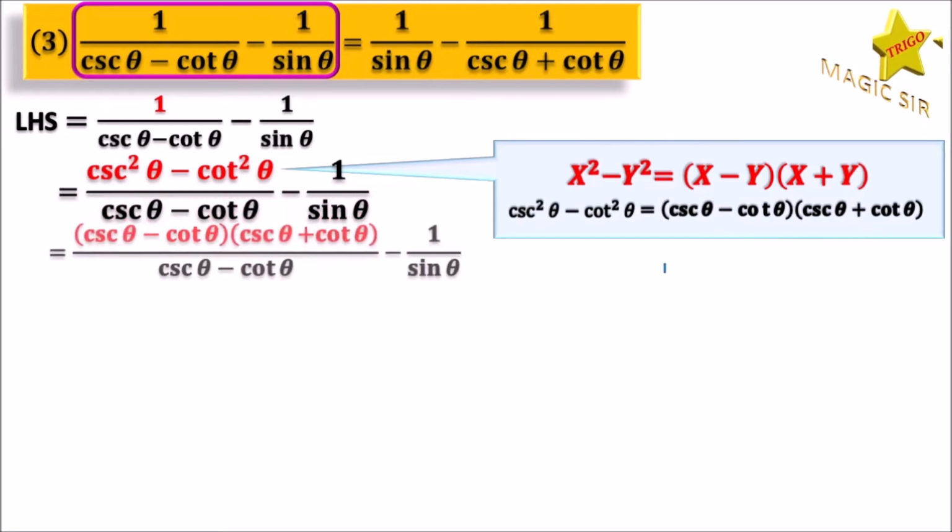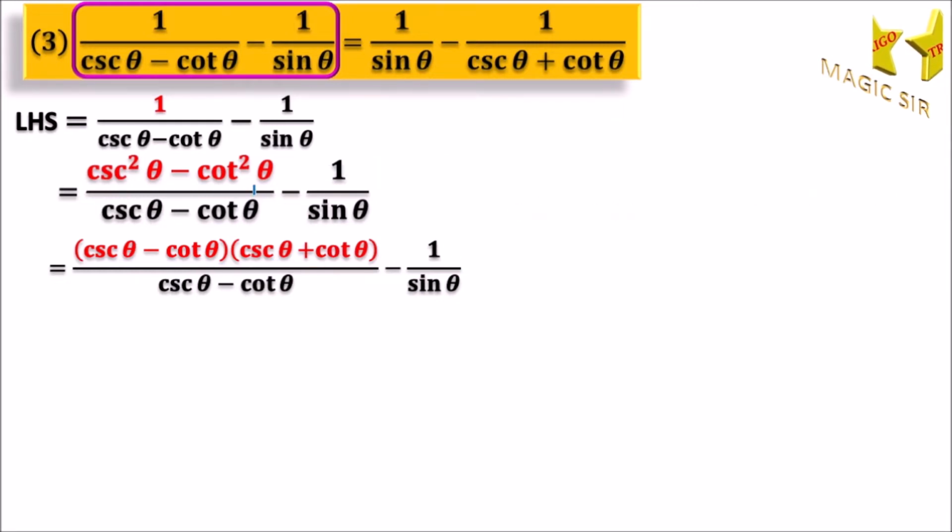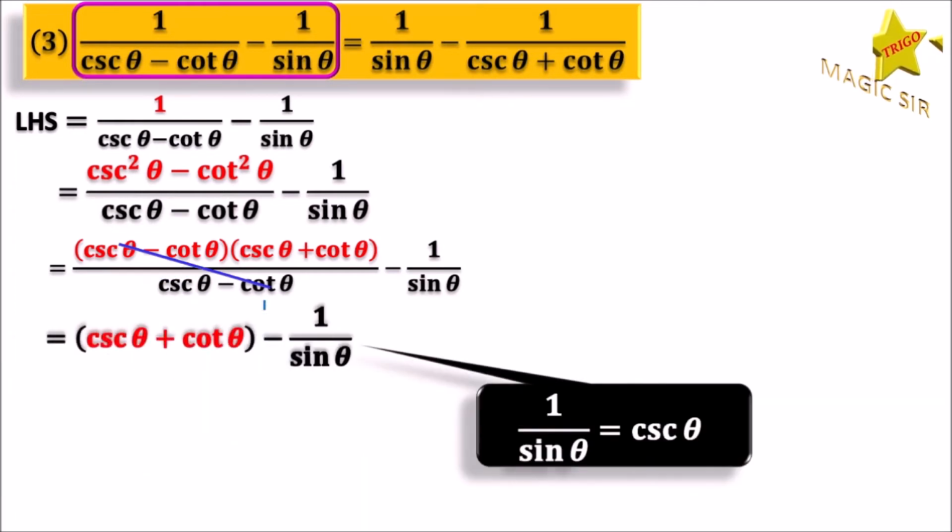cot theta. Therefore, LHS equal to cosec theta minus cot theta into second bracket cosec theta plus cot theta divided by cosec theta minus cot theta minus 1 upon sin theta. Here, cosec theta minus cot theta cancels out, leaving us with cosec theta plus cot theta minus 1 upon sin theta.